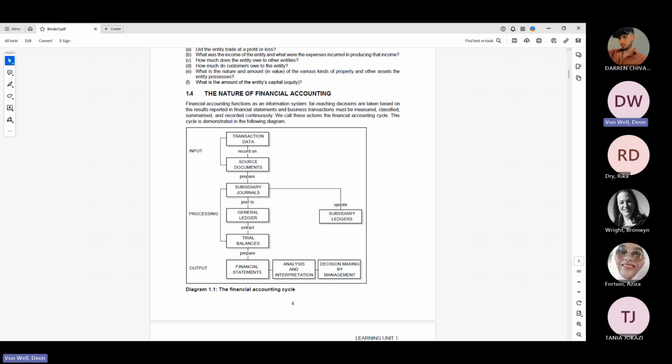Now, I'm jumping a bit, but we have cash transactions and we have credit transactions. And I must know that for cash transactions, I will have cash receipts journals and cash payments journals and a petty cash journal. So those three are my cash journals.